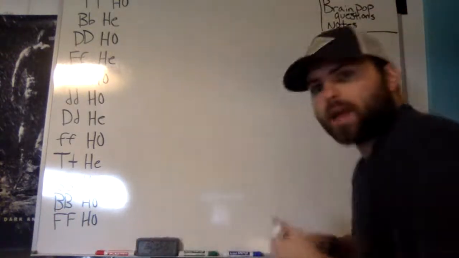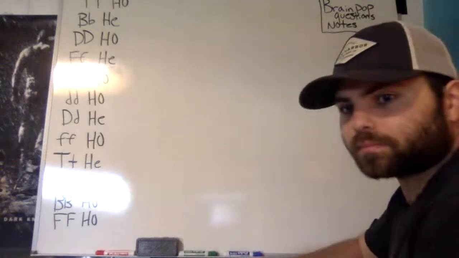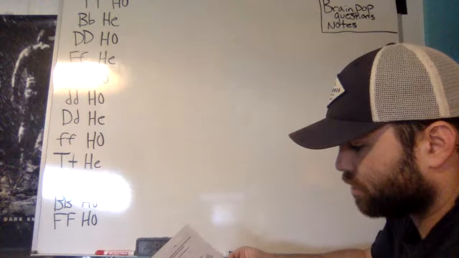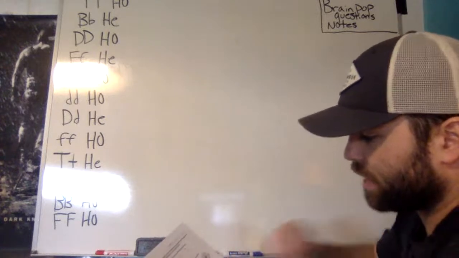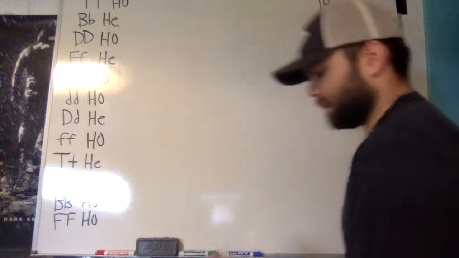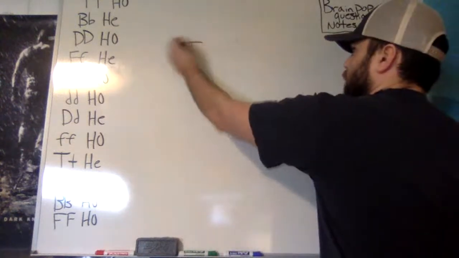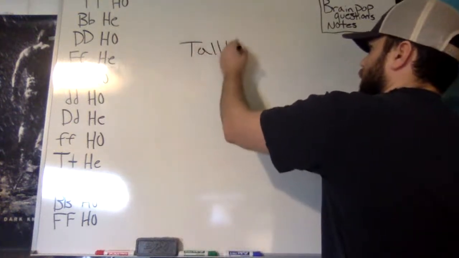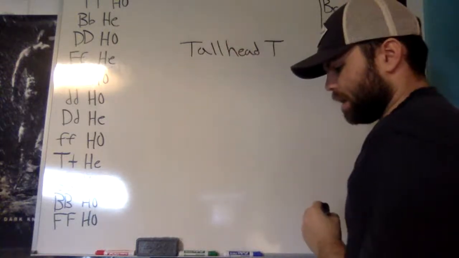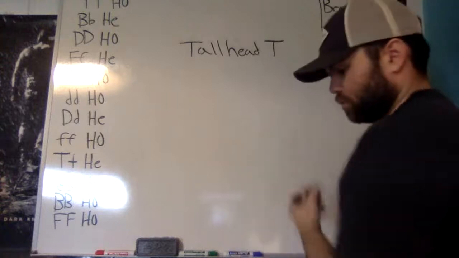All right, so for our next one, we have: find each phenotype, give the genotypes that are possible for Patrick. So a tall head is T. I'm just going to write this down. Tall head is T, and it's dominant to short.